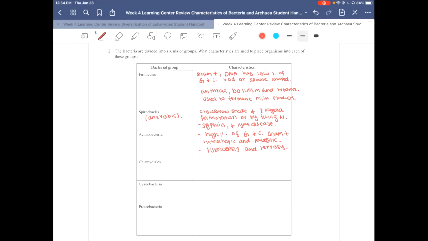The next group is chlamydiae, and they're spherical in shape and super small. These are also known to be parasites, and they live inside the host cell for the most part.